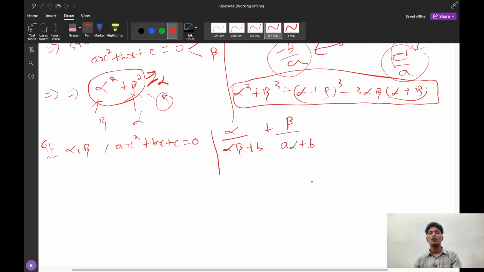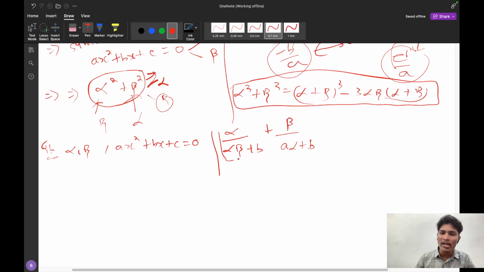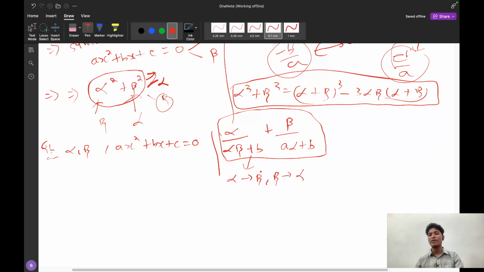Now what I said to you: if any value is given to calculate, and if I substitute alpha in the place of beta and beta in the place of alpha, and there is no change in the expression, then it is said to be symmetric. Here I am going to check.